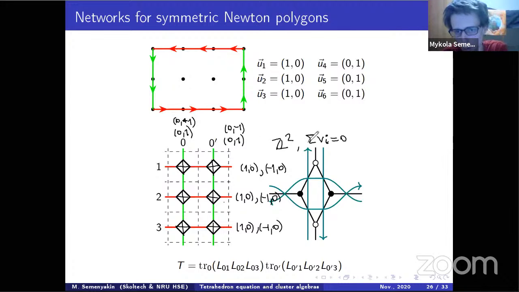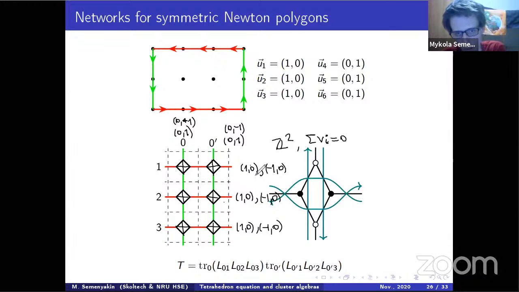If you have some set of vectors in Z², and their sum is 0, you can always construct, unique up to translation, a Newton polygon from these vectors. Newton polygon means a convex polygon with integral vertices. Here it's easy to see that the polygon which can be made from all these vectors is the polygon which is drawn.